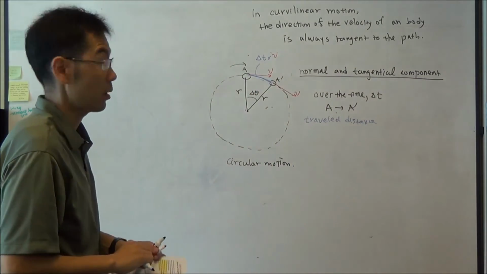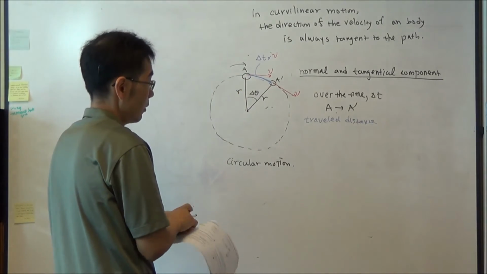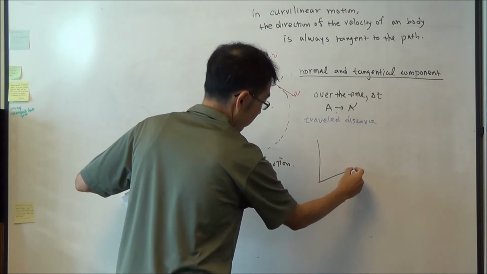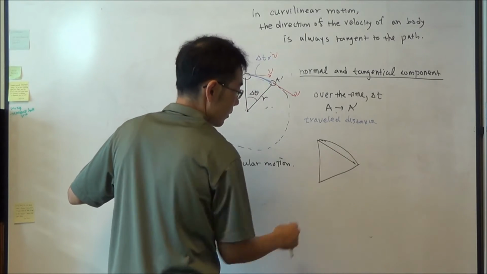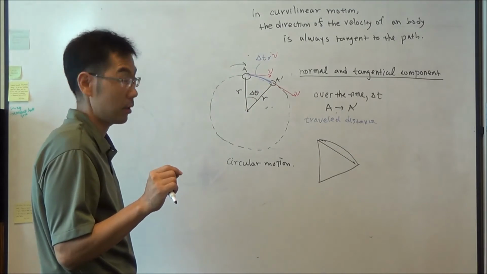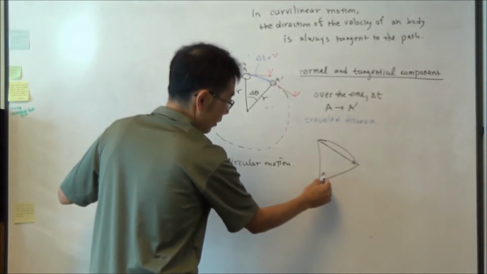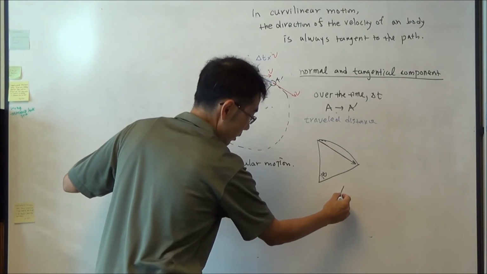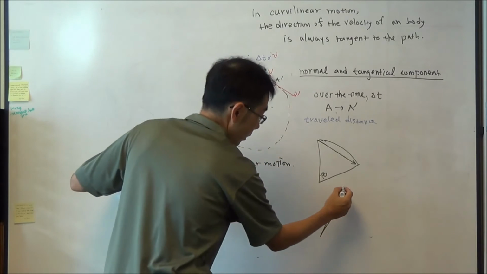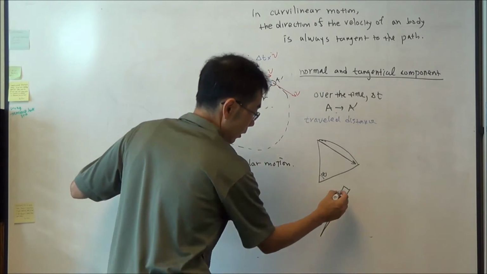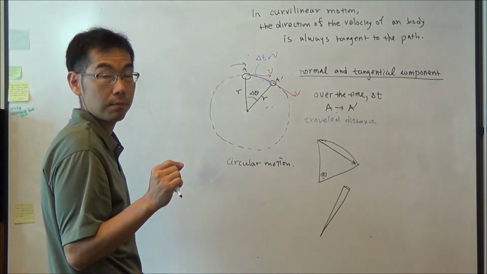If this triangle is very large, then this arc length and this travel distance have some difference, obviously. But if this delta theta is very, very small, so just imagine your triangle has a very small angle, then the straight length and the arc don't have any big difference.